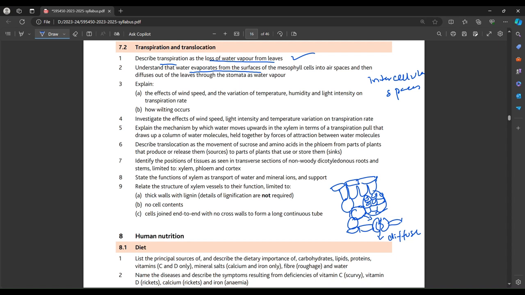When the water evaporates from the thin film lining the mesophyll cell, what happens? The water potential will lower. Therefore, it will absorb water from the neighboring cell, then the next neighboring cell, and eventually from the xylem vessel. In the xylem vessel, the water will move upward because of capillary action.